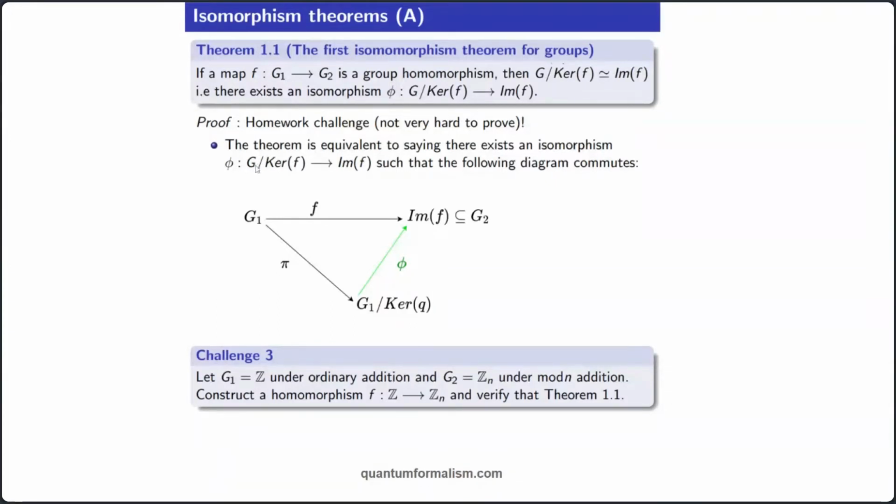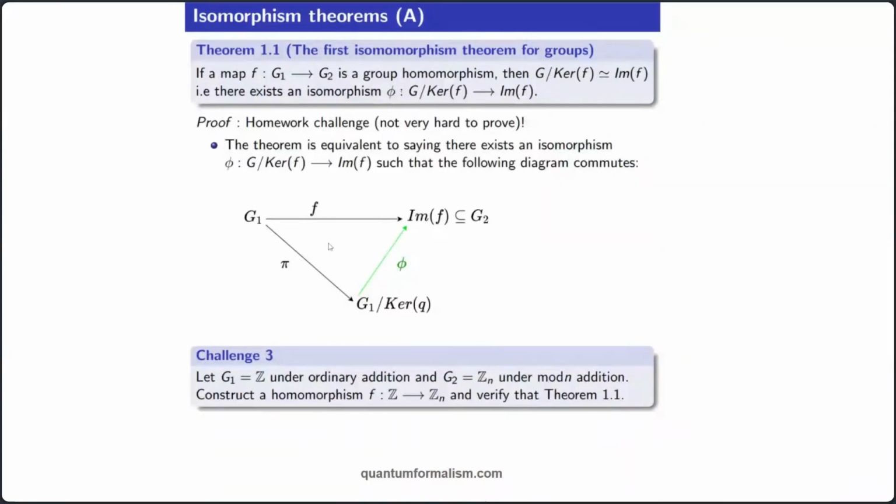This should be G1. It's explicit on the diagram. So this statement, that there is an isomorphism here, is the same as saying that there exists an isomorphism such that the following diagram commutes.